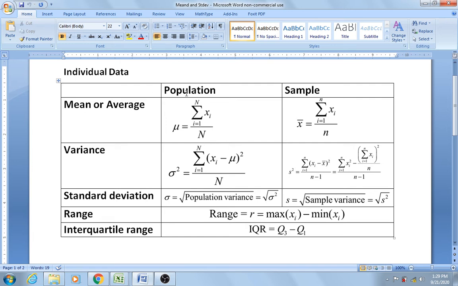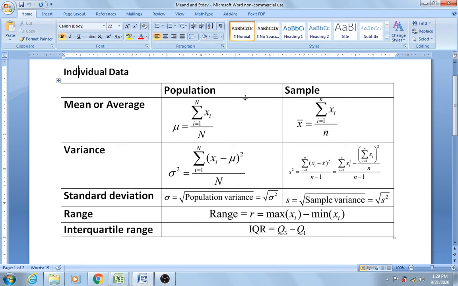If it is a population, then the notation for the mean or average is this one, mu. That's the notation of the mean. And the capital N is the size of the population. And if the data is from a sample, then the symbol for the mean is the X bar. And here, the small n is the sample size.